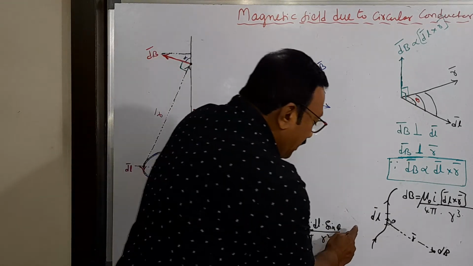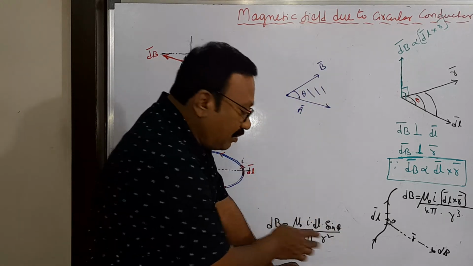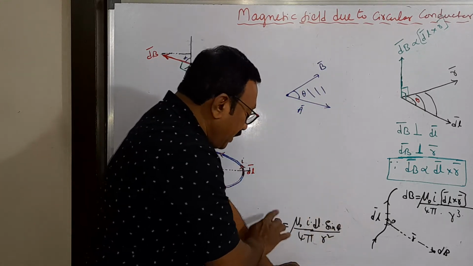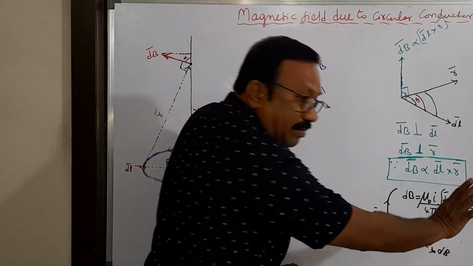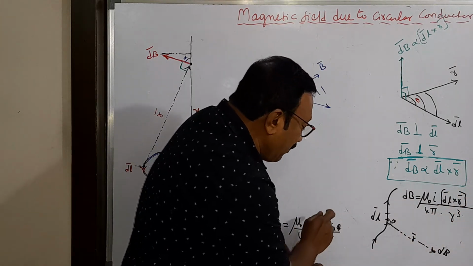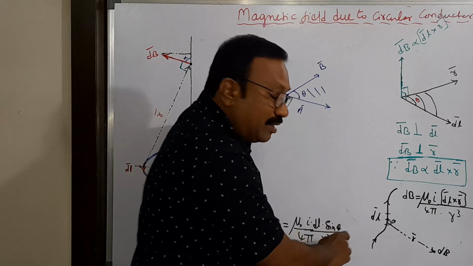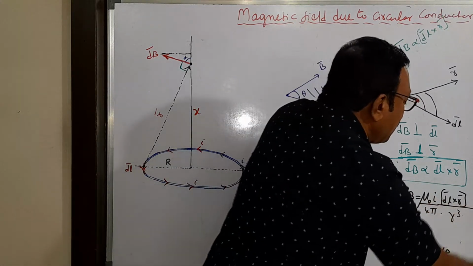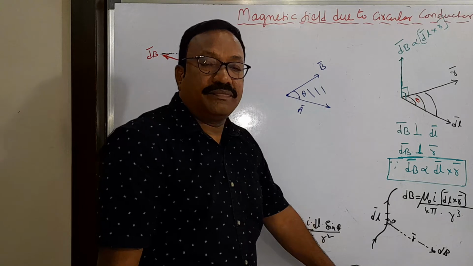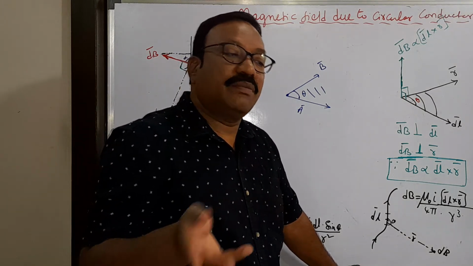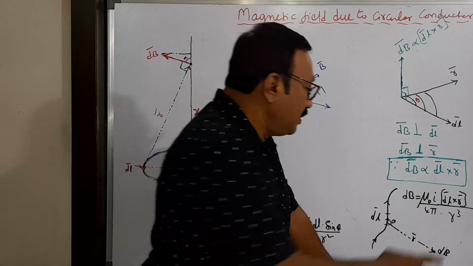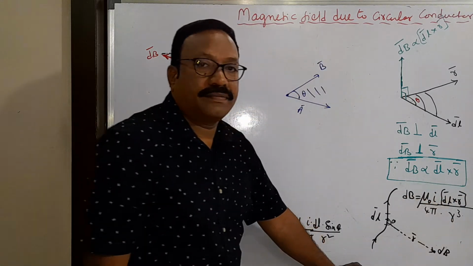How? I multiply by one r in the numerator and denominator. Therefore dB bar has r square into r, which becomes r cube. But in the numerator you have dl into sin theta into r, which is written as dl bar cross r bar, because a bar cross b bar is ab sin theta. Therefore ab sin theta can be replaced by a bar cross b bar.